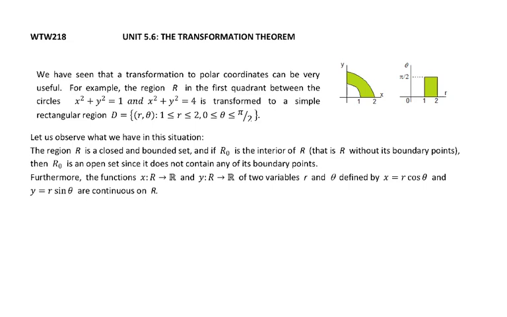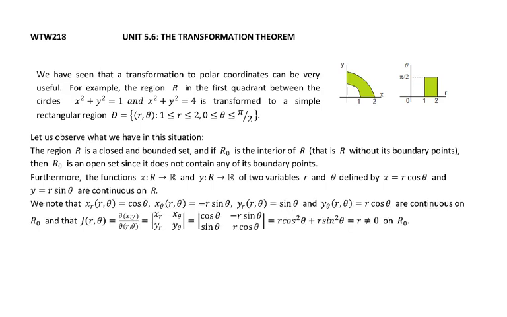We also note that the equations that we use for polar coordinates, namely x equals r cos theta and y equals r sin theta, actually define two continuous functions x and y from the region R into the real number system. Calculations show us that the functions x and y both have continuous first-order partial derivatives on R0.